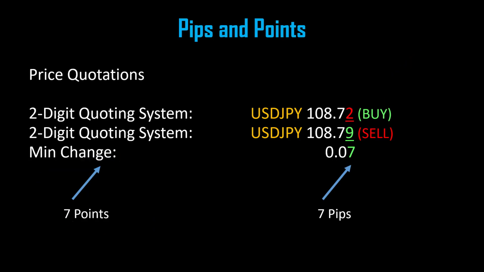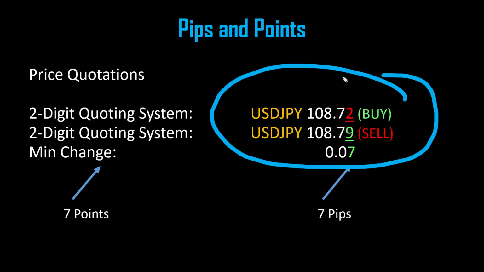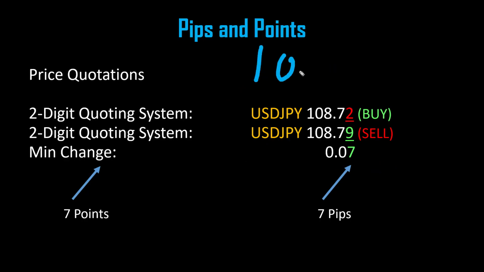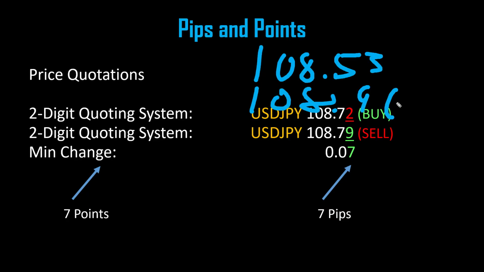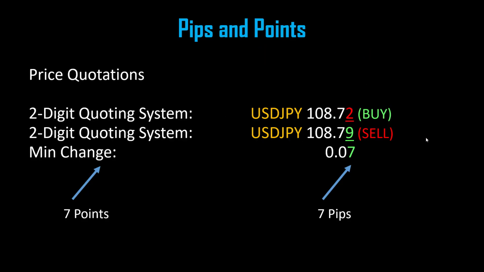Hopefully that makes sense for you guys. I know it can be a little bit confusing. It's a little bit easier to understand with this because of only the two decimal places, right? It's kind of like I bought a stock at 108.53 and it went to 108.96. You can kind of figure out the pips and the points with something like that. But when you're doing the 4-digit quoting system, it could be a little bit confusing.